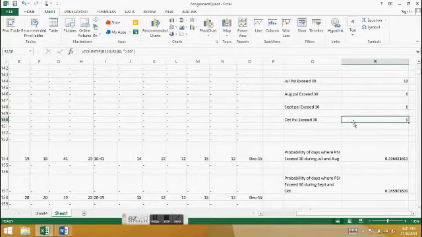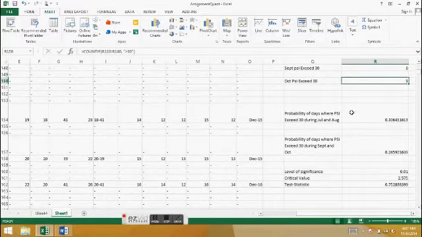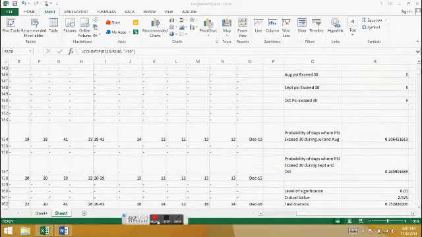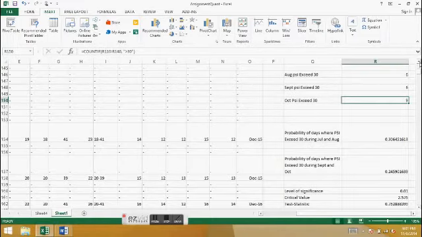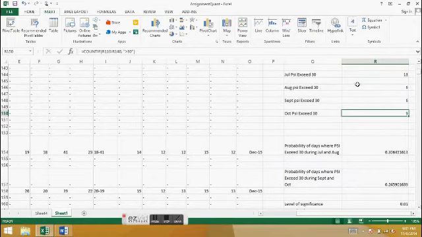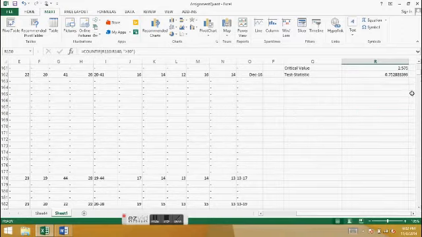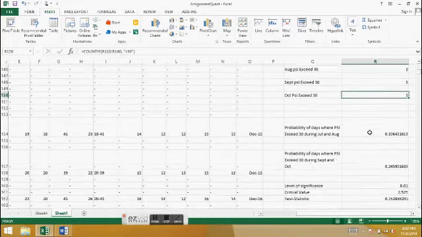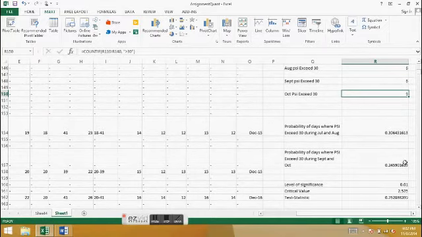After we found it, we find the probability of the days where PSI exceeded 30 during July and August. I use the number of days that exceeded 30 in July and August, which is 13 plus 6 equals 19, over the total number of days that July and August consist of, which is 62, to find the probability for July and August. I have done the same for September and October and get the answer of 0.245901639.